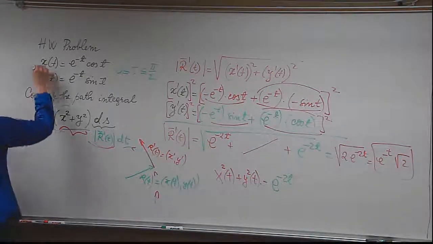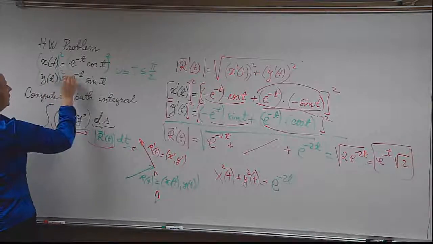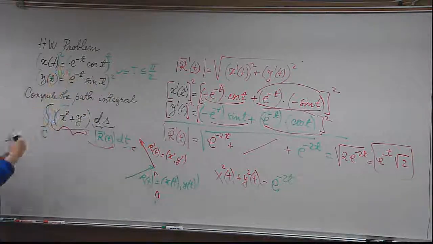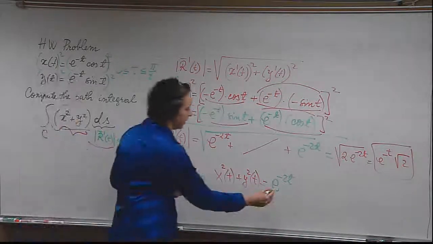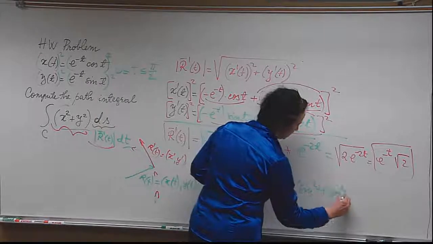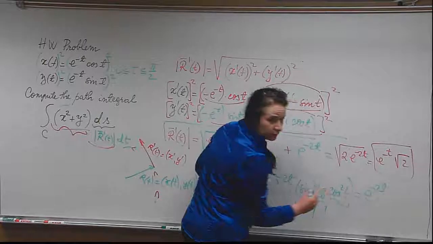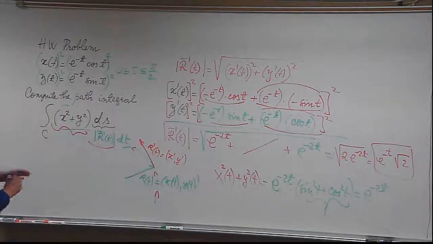So I took this guy and squared it, and I took this guy and squared it, and I sum them up. And I close the issue. And yes, I have sine squared plus cosine squared, which is 1. So it's just e to the minus 2t. Agree with me? Yeah.